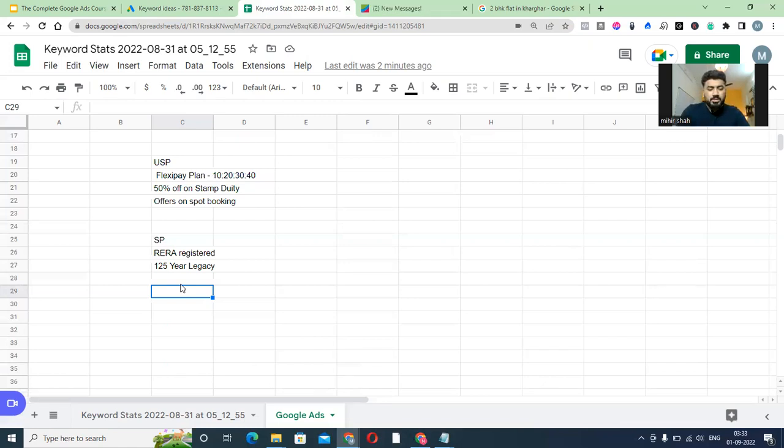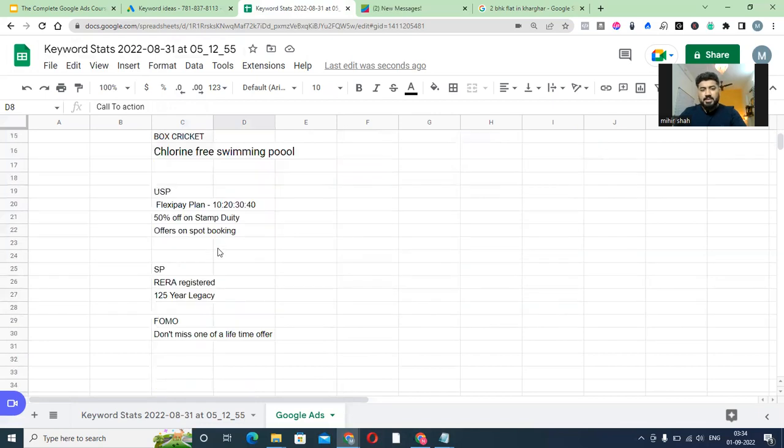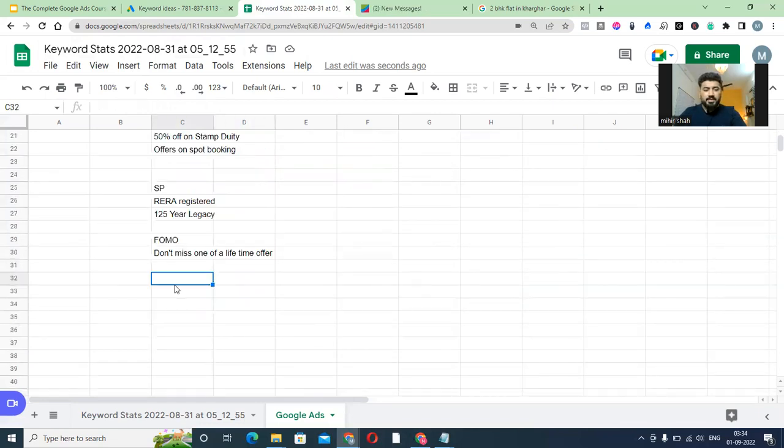So in this, what we were talking about is FOMO, don't miss the offer. And that offer can be basically your 50% stamp duty. So you can connect this to this particular thing. And with that connection, you can create that ad. FOMO, CTA, yes. The final thing is CTA.